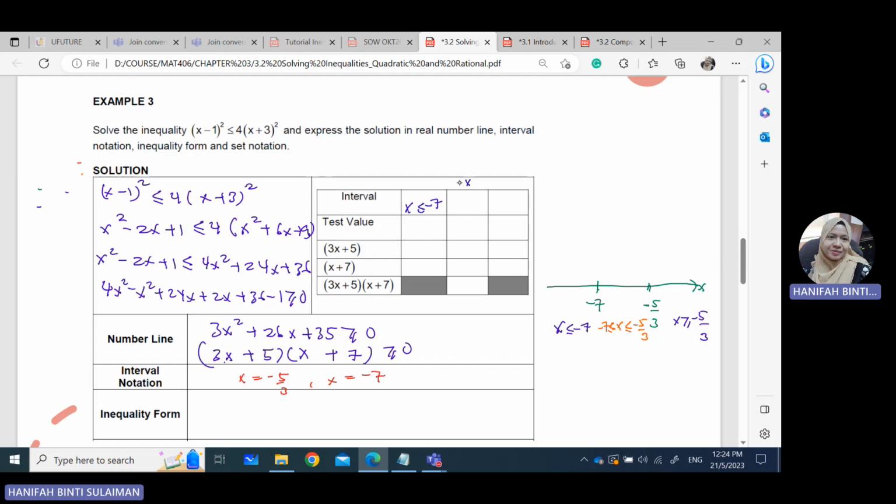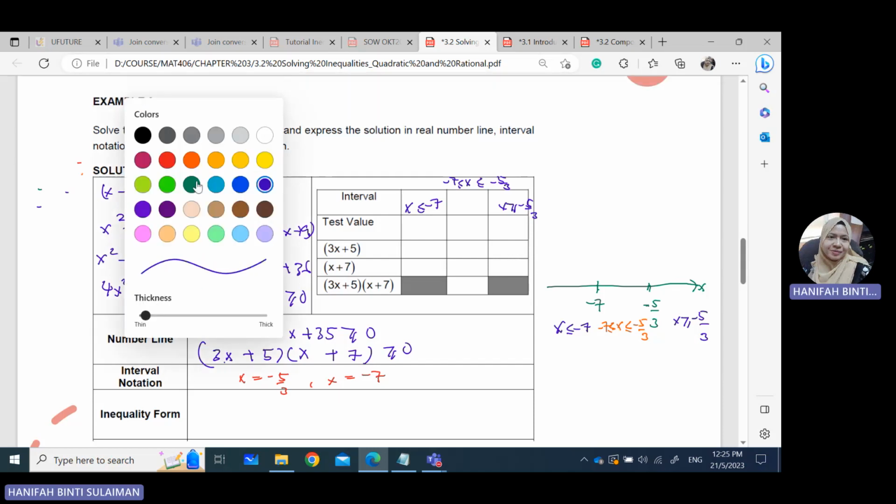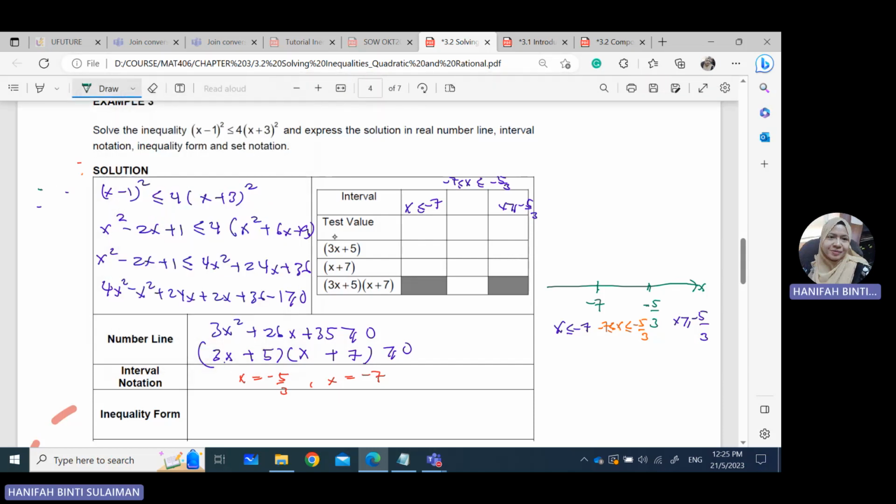So yang kat tengah-tengah ni adalah negative 7, negative 5/3. So yang ujung sekali, x greater than negative 5/3. So test value, kita ambil nilai yang kurang daripada negative 7. Let's say we take negative 8. Negative 8 is less than negative 7.